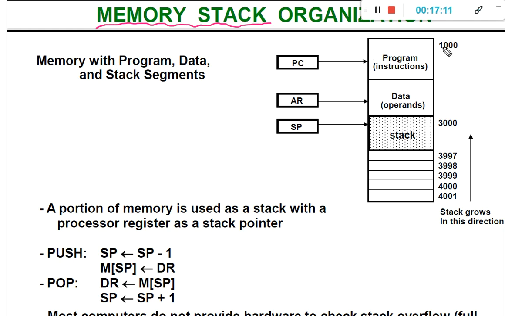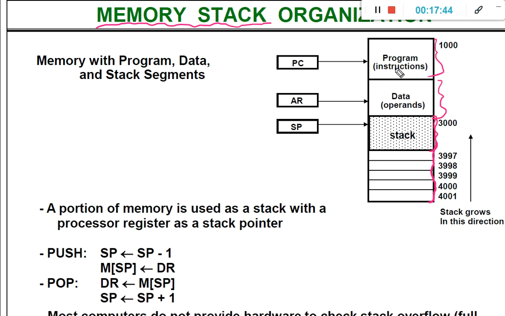The first part is the program instructions, the second part is data, and the third part is the stack. So the entire main memory is divided into 3 different parts: the program instructions, the data, as well as the stack.